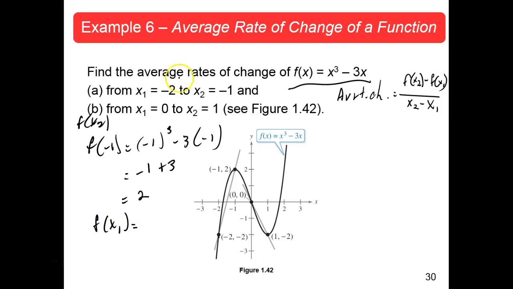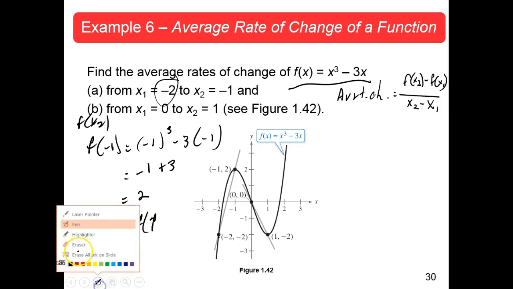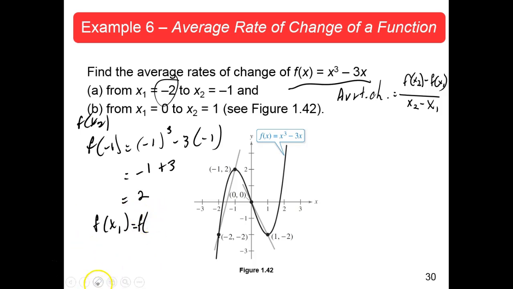x1 being negative 2. So what would be f of negative 2? That would be negative 2 cubed minus 3 times negative 2.